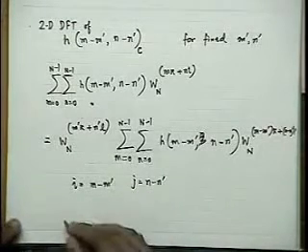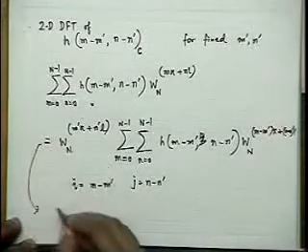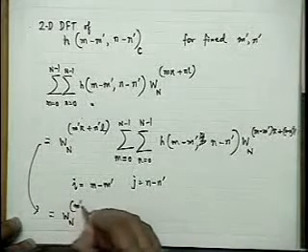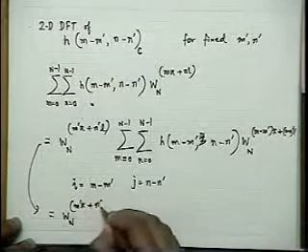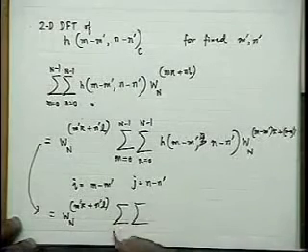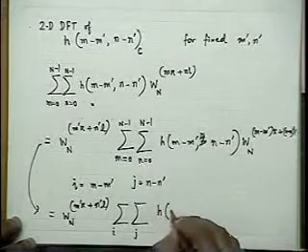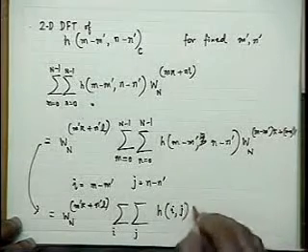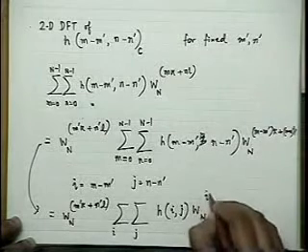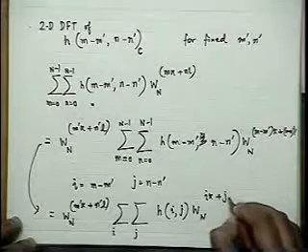So simply what I get from this is that this expression becomes equal to W to the base N, m prime k plus n prime l, summation over i and j, h of i j, W to the base N, i k plus j l.